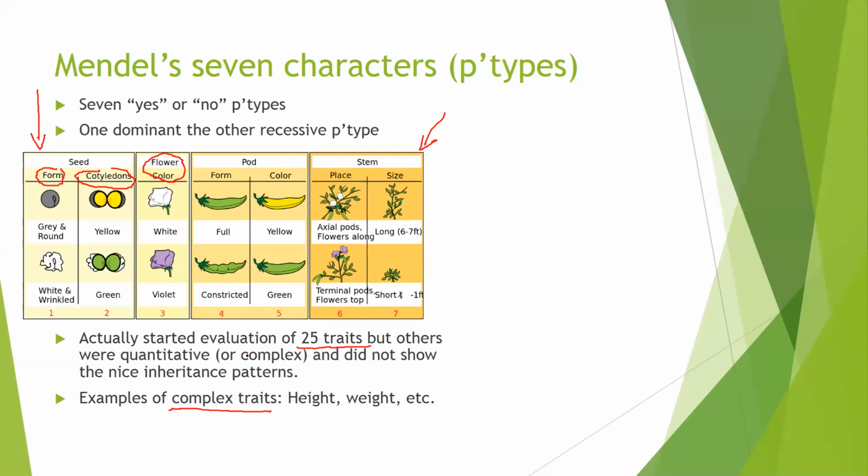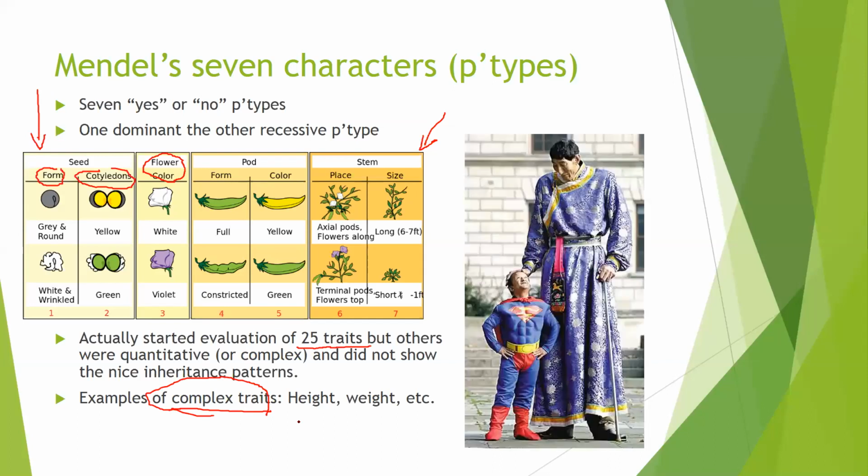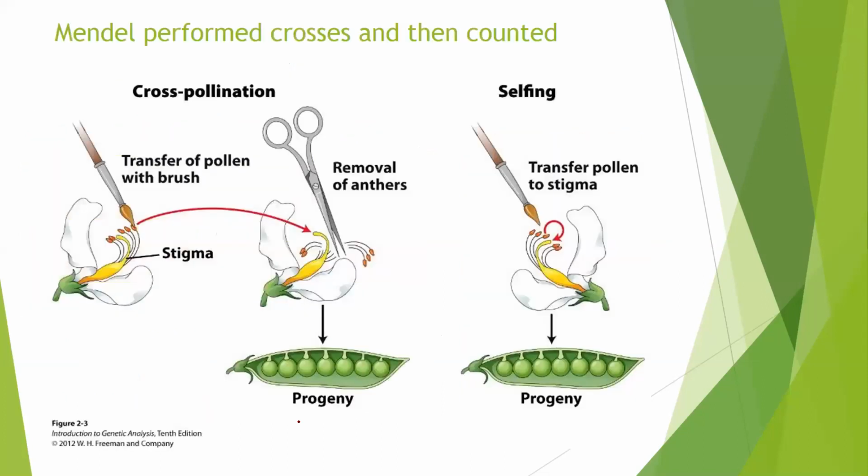Now we understand why the rest of the traits did not show data following his theorem: those traits are complex traits, not like these 7 traits. These 7 traits are single traits because each trait is controlled by only a single gene. The rest are complex traits controlled by more than one gene, for example human height. It is not a single gene trait. Let's see how Mendel did his experiment.